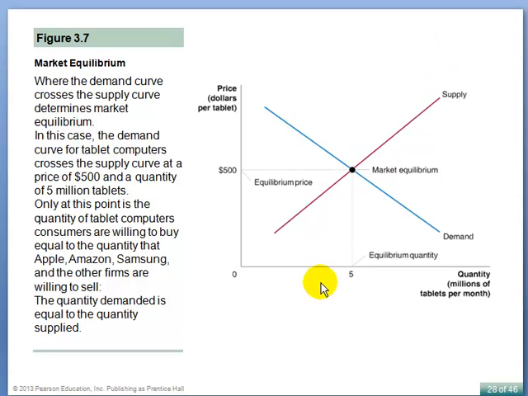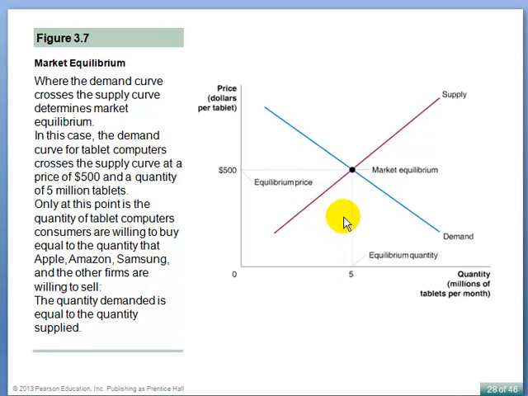Notice that the demand curve crosses the supply curve at only one point. This point represents a price of $500 and a quantity of 5 million tablet computers per month.